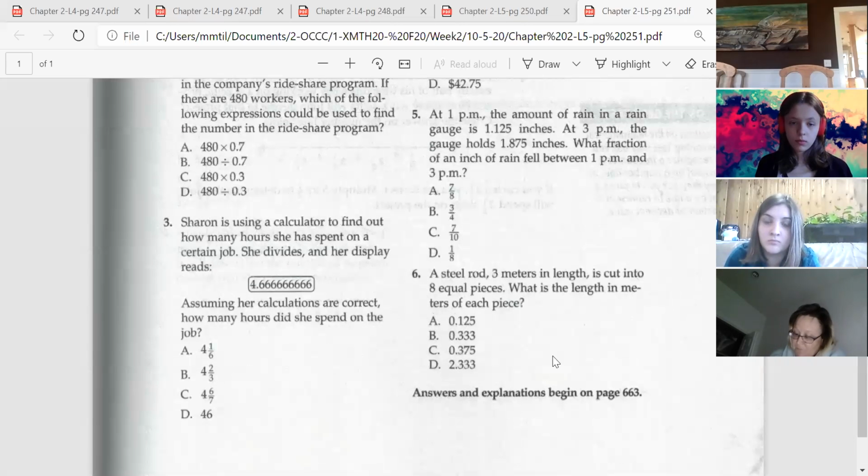What about number 6? A steel rod 3 meters in length is cut into 8 equal pieces. What's the length in meters of each piece? So it's 3 meters cut into 8, so it's going to be 3/8. What's 3/8 as a decimal equivalent?